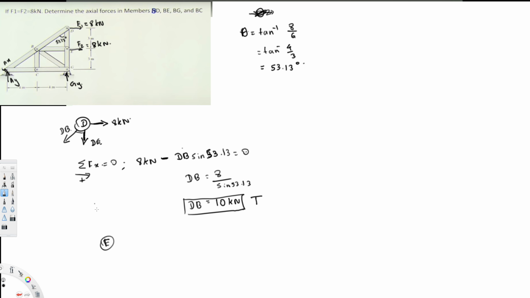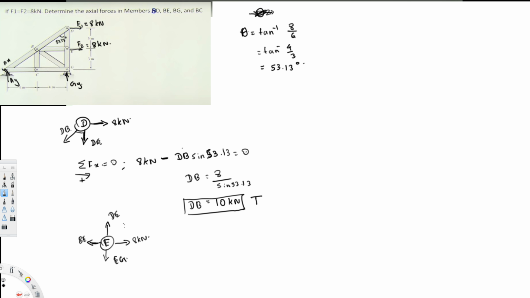E is going to have DE on top, that's unknown, and this 8 kilonewton is given, and this is EG, and here we have BE. It's easy to calculate BE because I just have to take the summation of the horizontal axis.